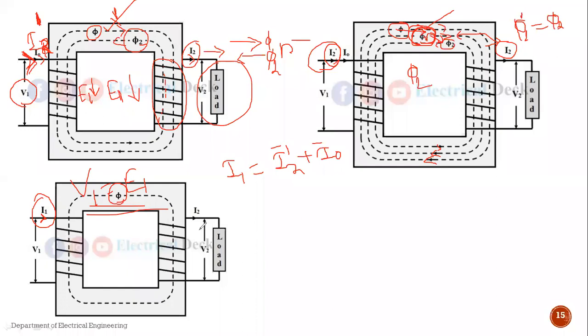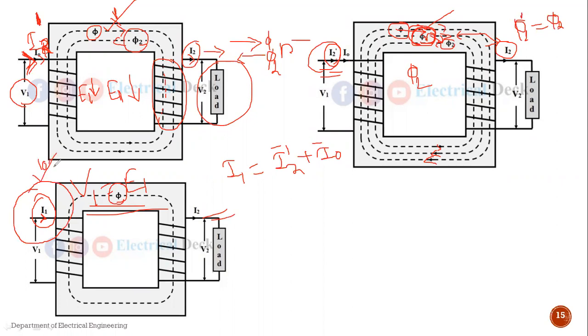Okay, so at that situation the current taken from the supply, सप्लाय कडून घेतलेला करंट काय आहे? I2 dash आणि I0. आणि सेकंडरी करंट काय आहे? I2 आहे. Okay, I2 dash and I0 is the current taken from the supply. So this current taken from the supply is nothing but the primary current taken by the transformer at load condition.